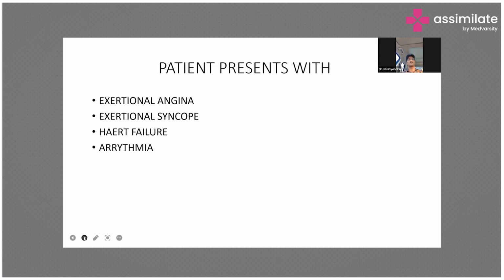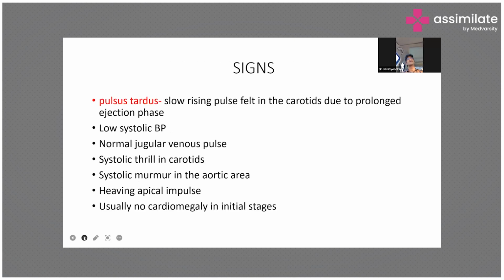So these are the symptoms once the aortic valve is narrowed. As I told you earlier, initially it will be only exertional symptoms, but sometimes it may present with exertional angina, exertional syncope, heart failure, and arrhythmias. These symptoms are the indications that the patient has to undergo management for aortic stenosis.